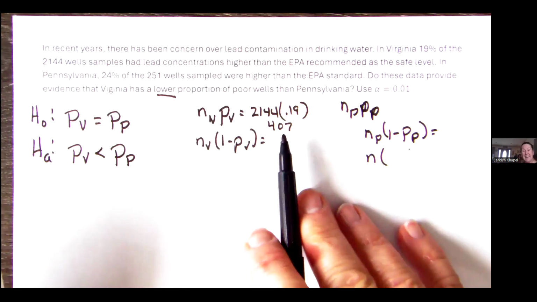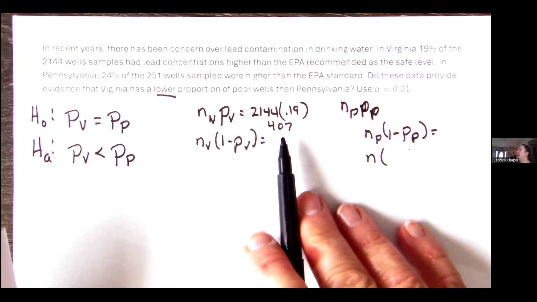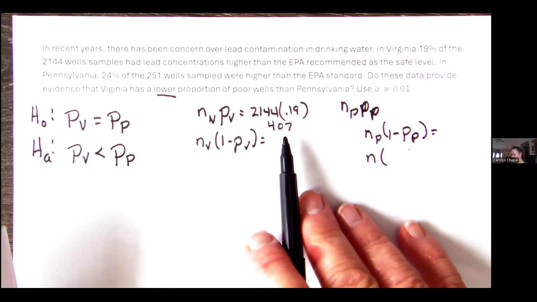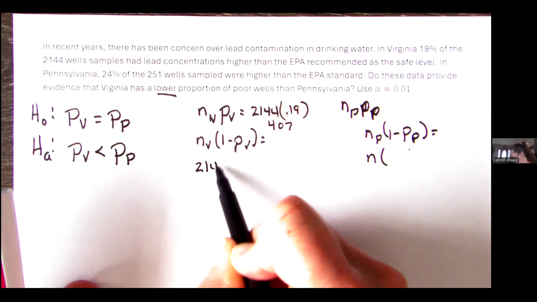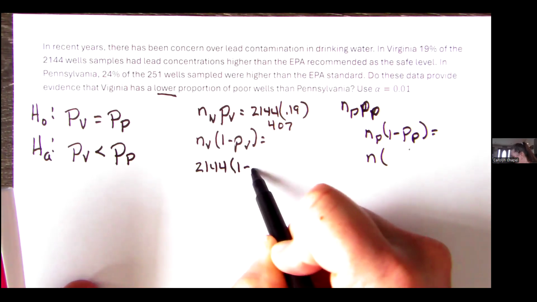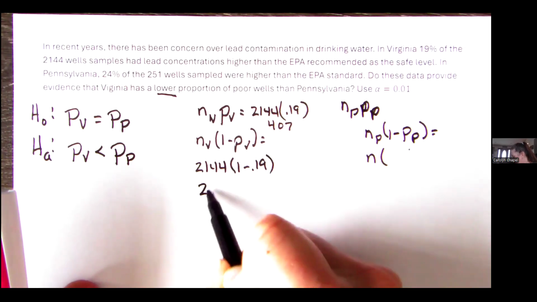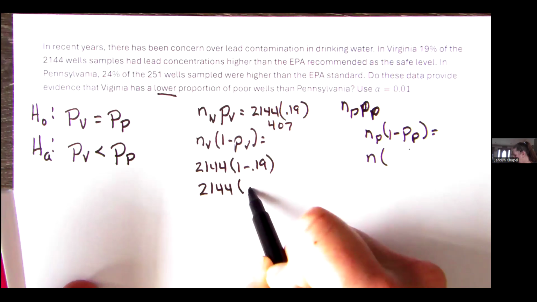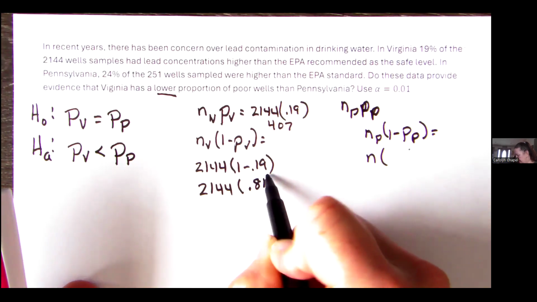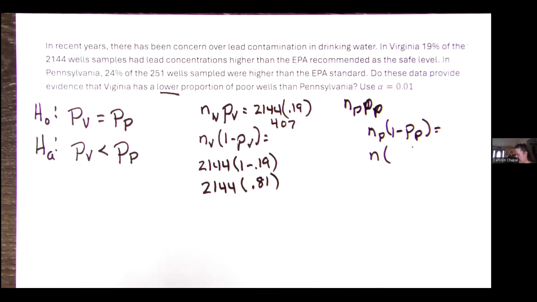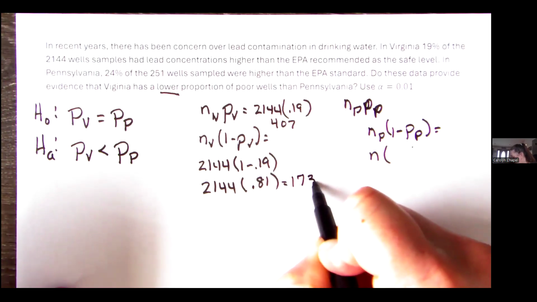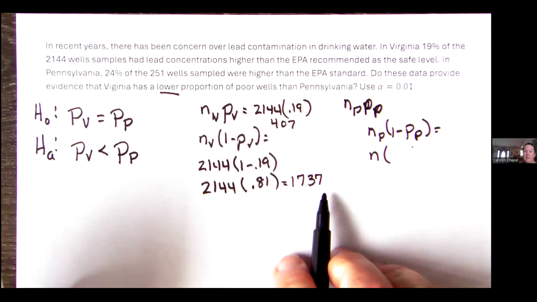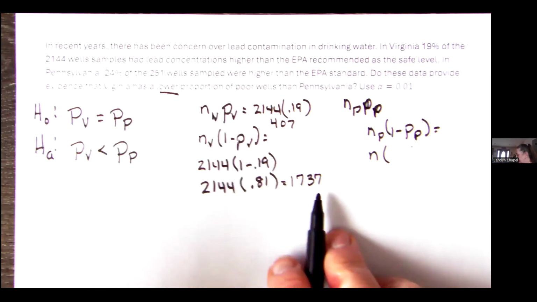Obviously, we cannot have partial wells. Here I'd have that 2144 times our 1 minus 0.19, which is 2144 times 0.81. And that gives me, and again, I'm going to round to the nearest whole, 1737. So notice both of those are larger than 10.